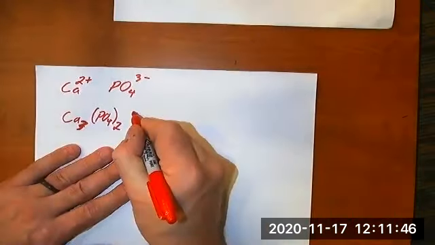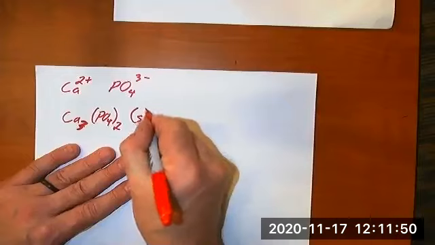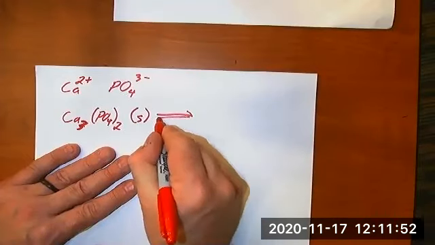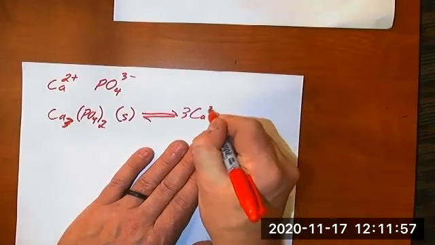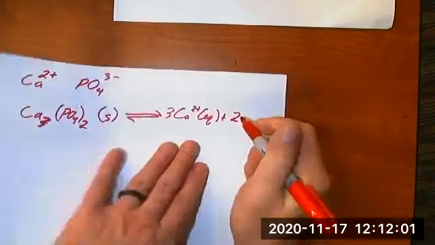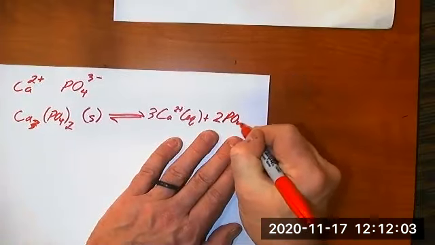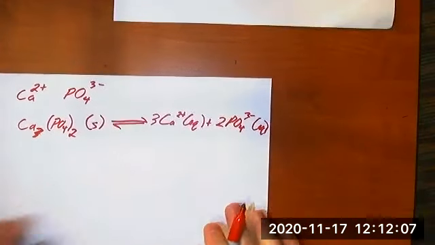Now, if we look at the dissolution reaction, so this is a solid, and we are dissolving it, it forms 3 Ca2+ ions, aqueous, and 2 PO4 3- aqueous ions.